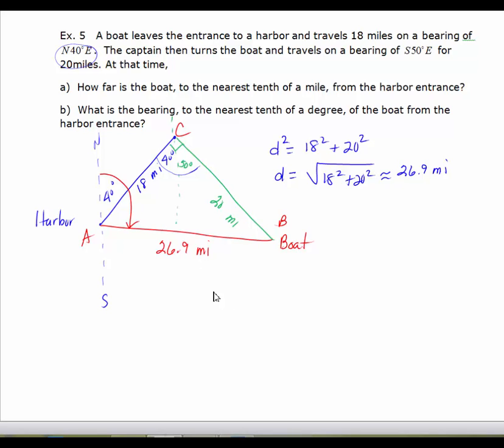So to find angle A, I'm going to use a relationship between these two sides in A. I have the opposite and I have the adjacent when it comes to angle A. So I know that the tangent of A is going to equal 20 over 18. So A would equal the inverse tangent, or the angle whose tangent is 20 over 18.